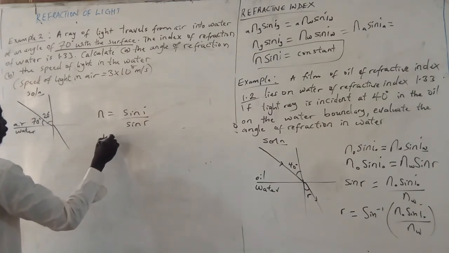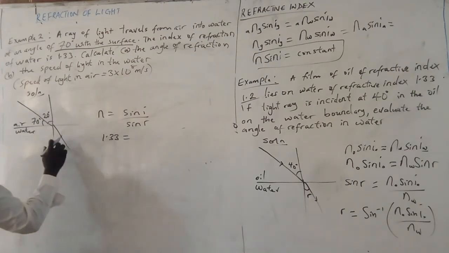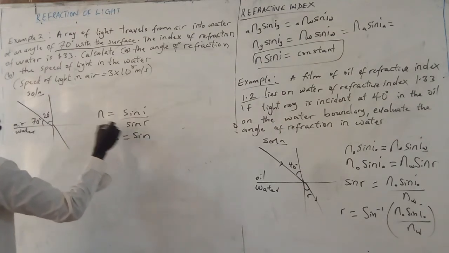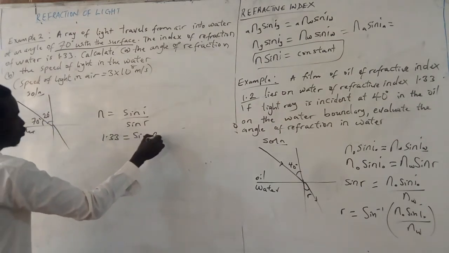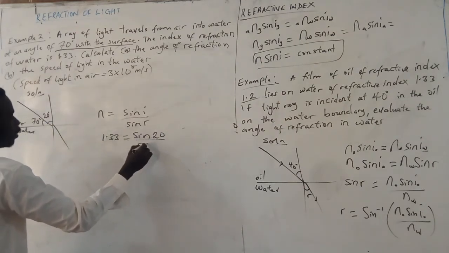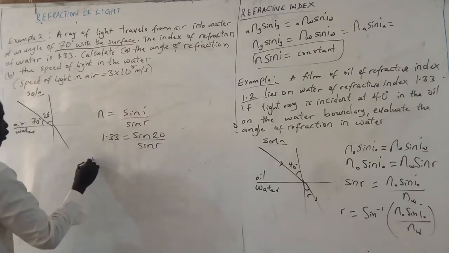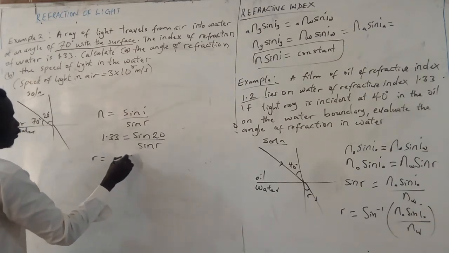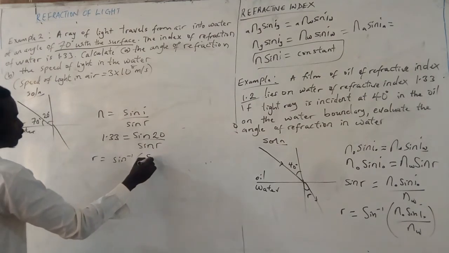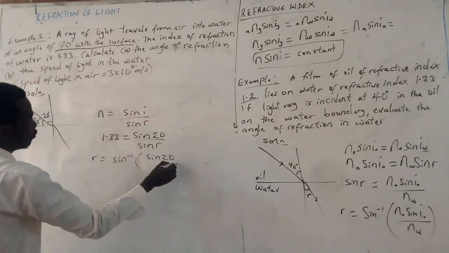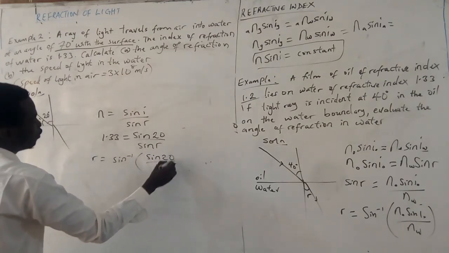So 1.33 is equal to sine of the angle of incidence, that's 20, over sine r. So we can have r equal to sine inverse of sine 20 over 1.33.